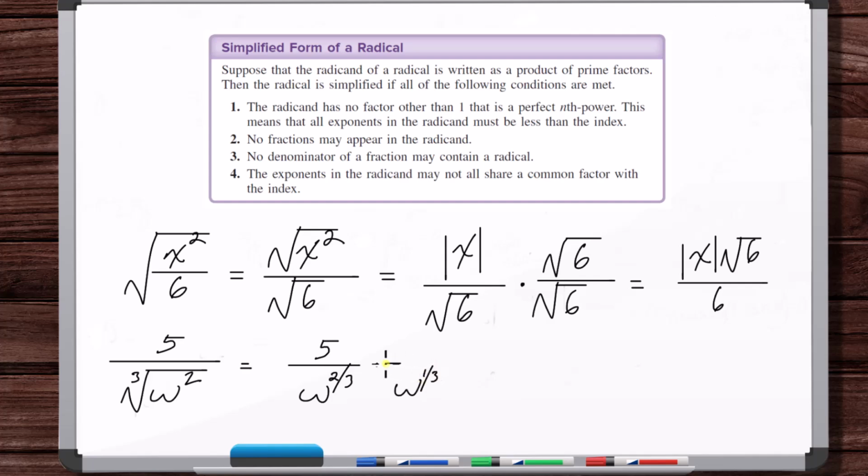So we want to multiply by w to the 1/3, or the cube root of just w. And we're going to get w over, and then we'd have this. So that would be fully simplified. You see the difference? Okay, and so, yeah, there you go. There's a review of how you simplify radical expressions.